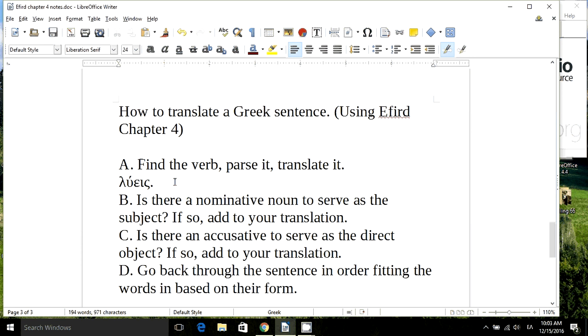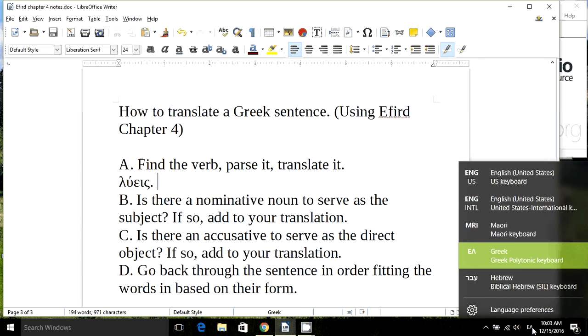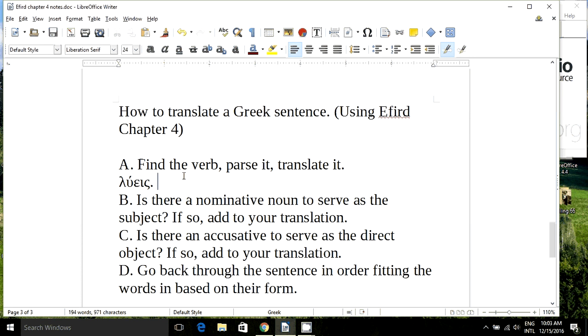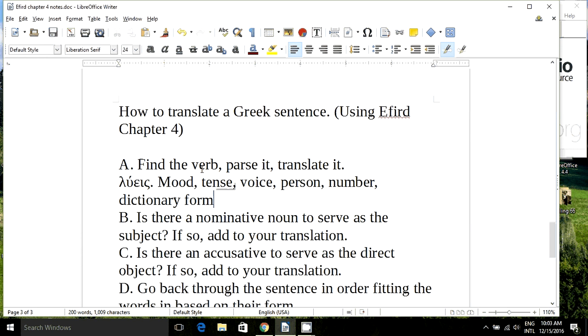What does parsing mean? Parsing means that you tell me everything there is to know about this verb. The things you can know about a verb are its mood, tense, voice, person, number, dictionary form, and then I also want you to translate it.